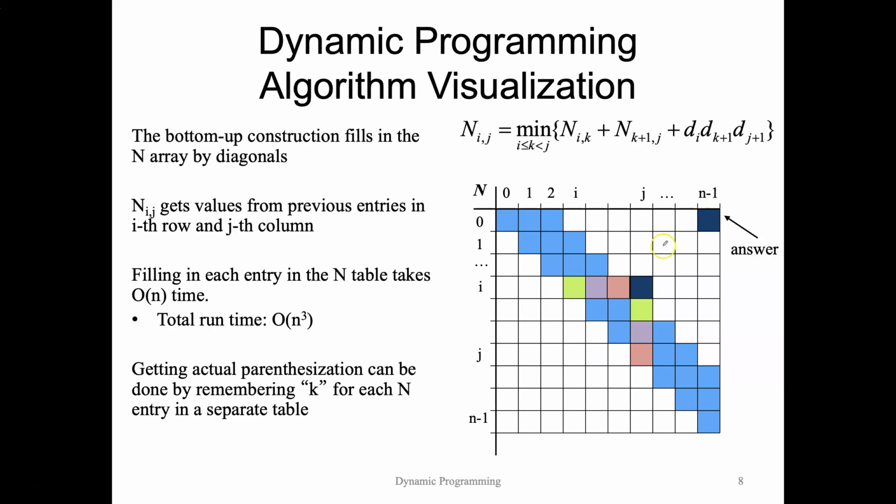Now, in order to solve for this, again, we're going to use the solutions we had for our smaller sized subproblems. So for example, if we want to figure out what's the least number of scalar operations it takes to start at a sub i and go all the way up until a sub j, what is the minimum number of scalar operations it takes to multiply those matrices together.